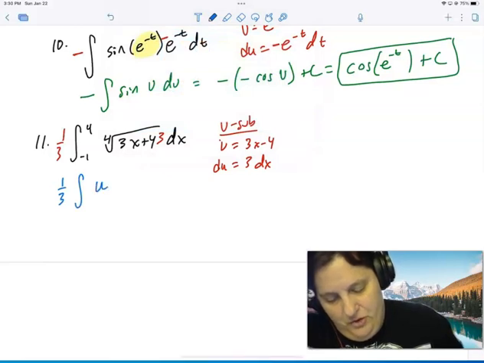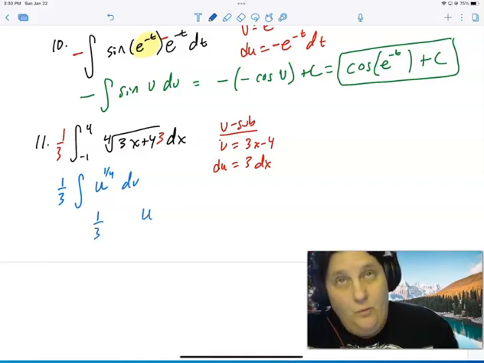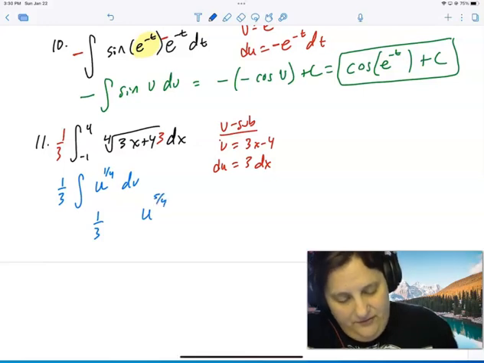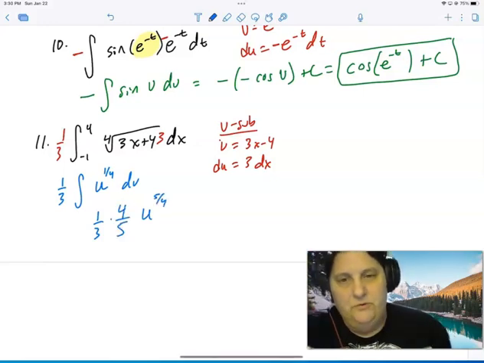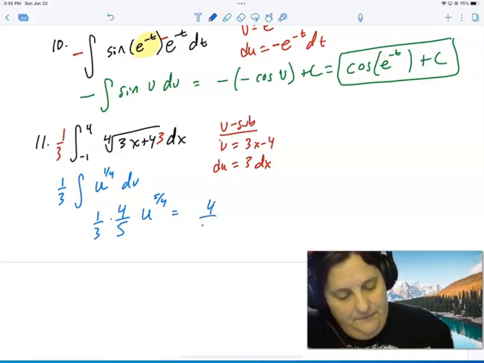So this is going to be u, and the fourth root is u to the 1/4 du. The integral of that, 1/4 plus 1 is 5/4 over 5/4, which is times 4/5. And then I get 4 over 15.